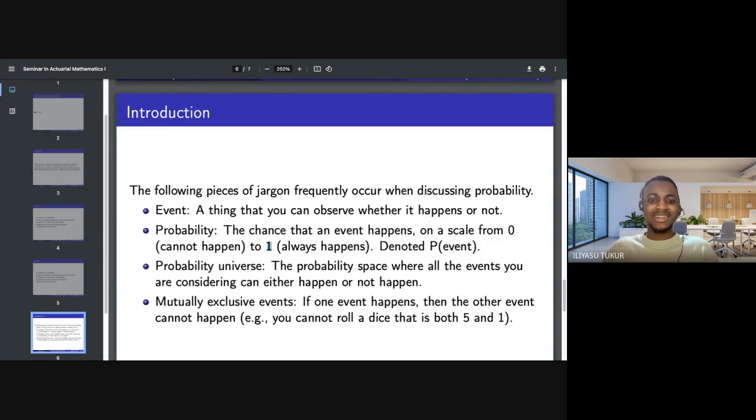Someone wants to price a product, or buy an insurance contract, but what is certain in the event? What is certain is death. You are buying a life insurance contract. The probability of you dying is 100%. So they consider this. But then we don't know when.